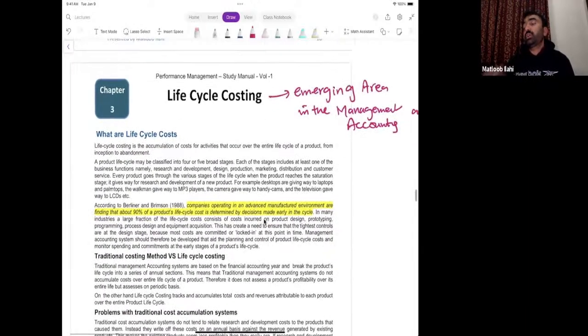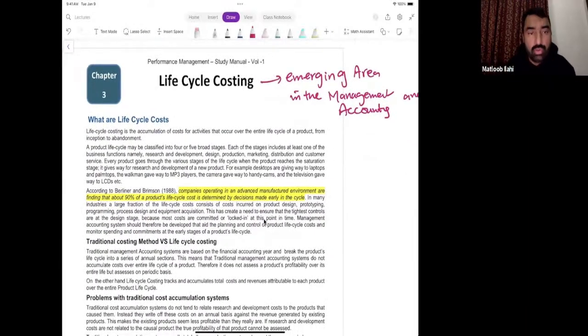So life cycle costing, let's go through the notes. Life cycle costing is the accumulation of cost for activities that occur over the entire life cycle of a product from inception to abandonment. So in short, under life cycle costing, we look at the cost of the whole life cycle of a product, unlike traditional costing methods where we look at period cost.